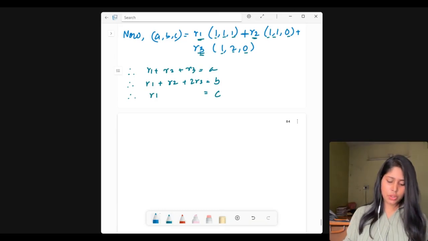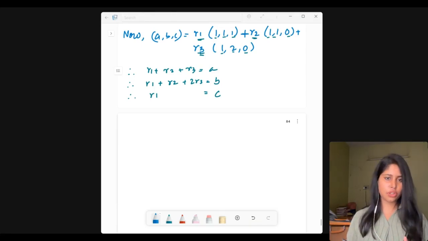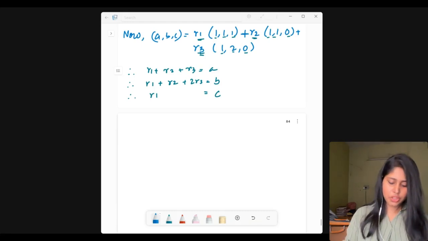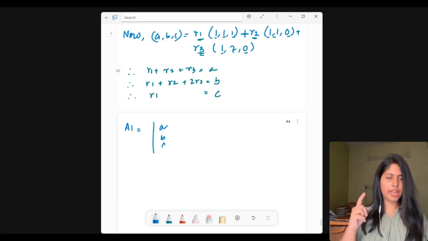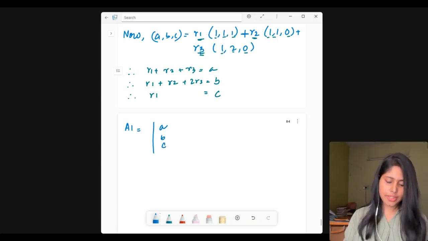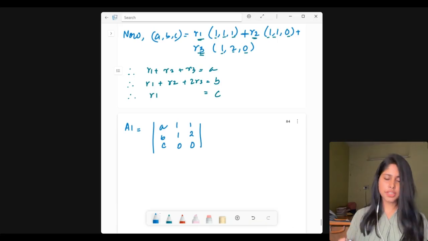We have already got the determinant of A. Determinant of A is equal to 1. So we will directly jump to determinant of A1. A1 will be equal to what? The first column is a, b and c, because we need to replace the first column with the constants column. And the second column is (1, 1, 0), and then (1, 2, 0). We need to find the determinant of it.